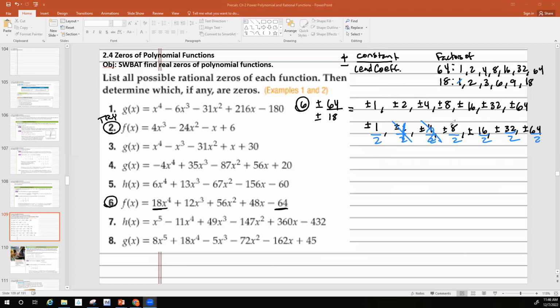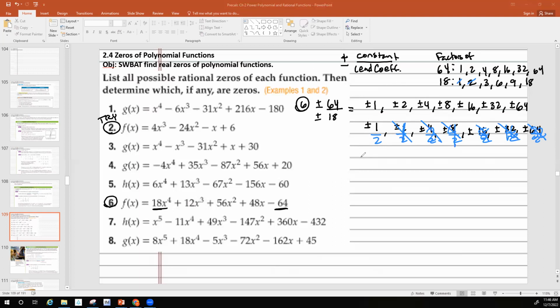Same with this one: 8 divided by 2 is 4. 16 divided by 2 is 8, we got that already. 32 divided by 2 is 16, we have that already. 64 divided by 2 is 32, we got that already. So the only new one in that row is the 1/2. And do it again. So we did the 2's, let's cross that out. 4 more to go.